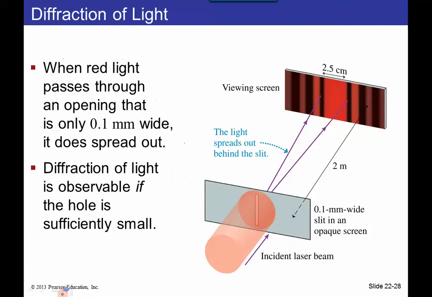However, if you shine light, like here with a laser, through an aperture that is about 0.1 millimeter wide, and you look at the screen at what gets projected after the light goes through this aperture, you're going to see these fringes. This suggests that light is behaving like a wave, and that the wavelength should be around this 0.1 millimeters.